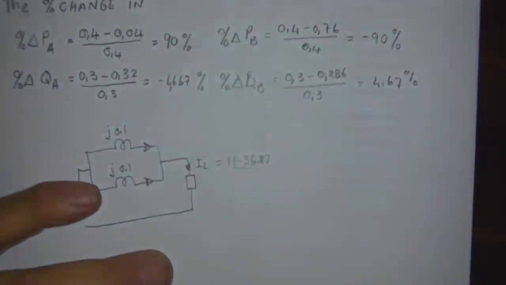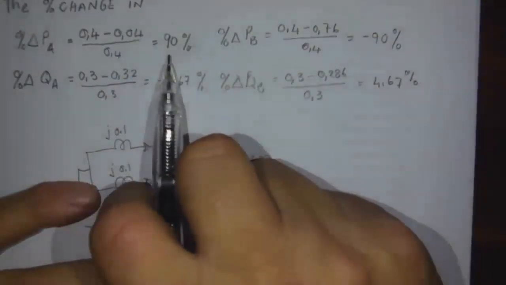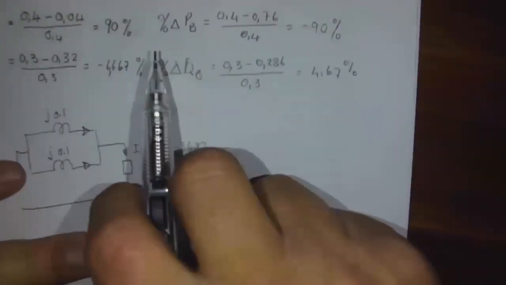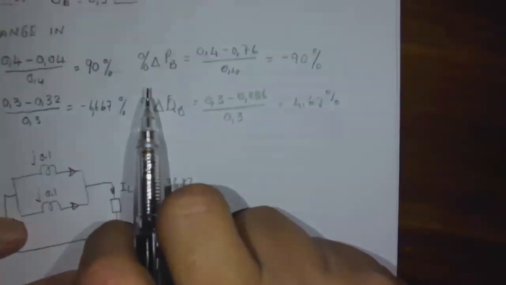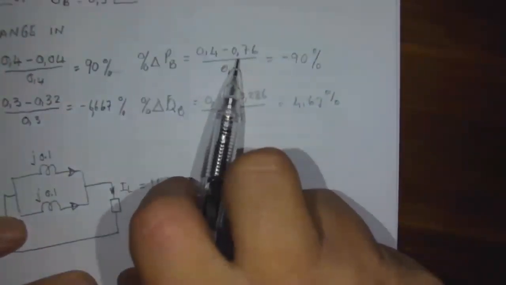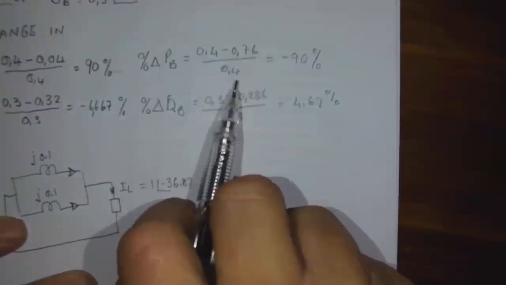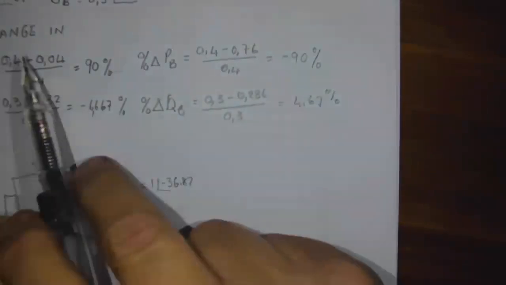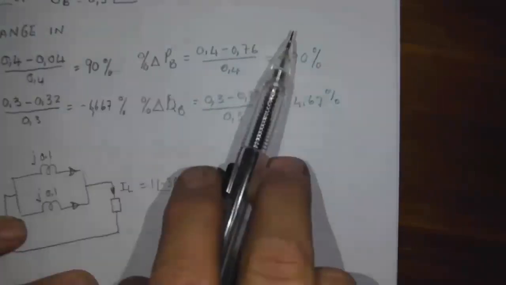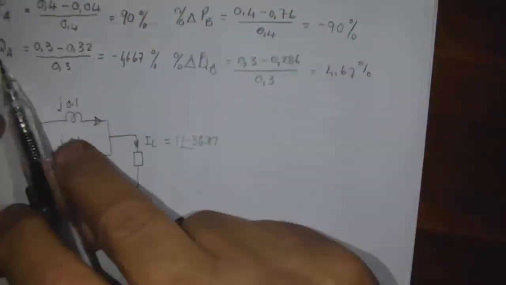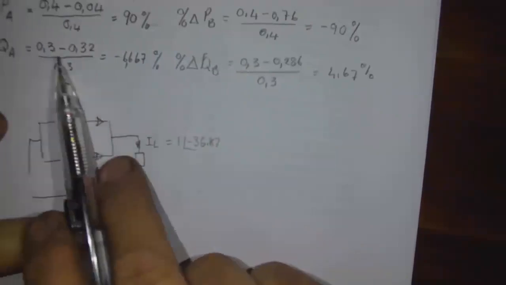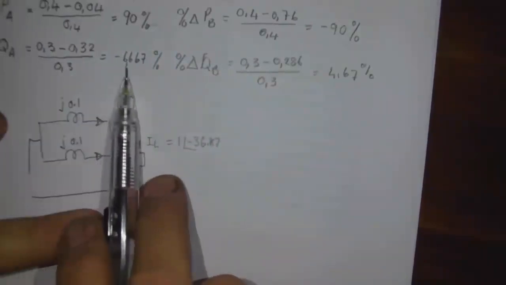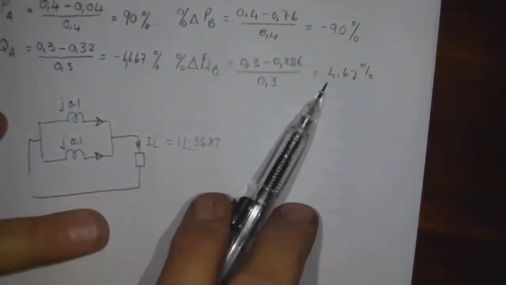And a percentage change, we always take it as the original one, so that's a 90% change. In B, it was 0.4 and 0.76, divided by 0.4, that gives us minus 90%. So this one took over 90% of the load. And reactive power Q, only 6.67%, and that one changed 4.67.